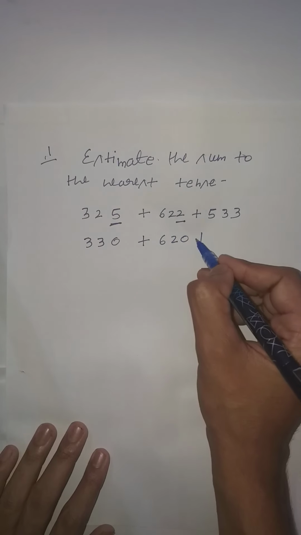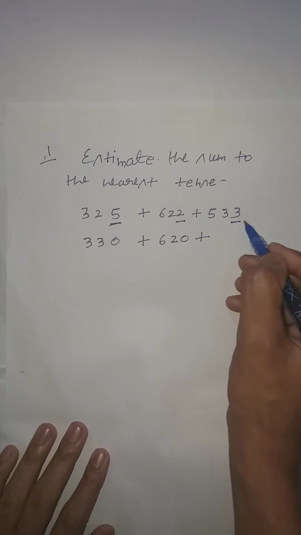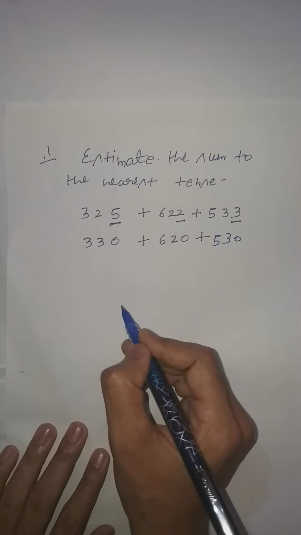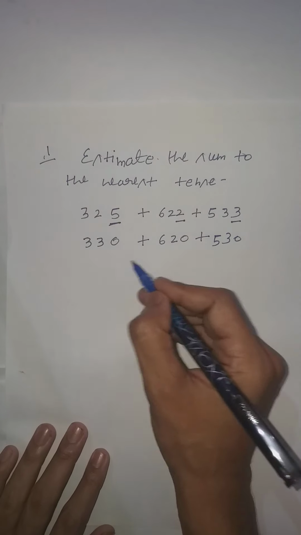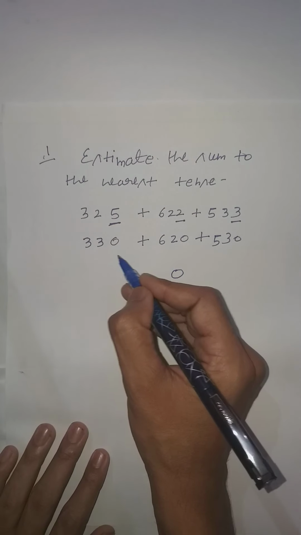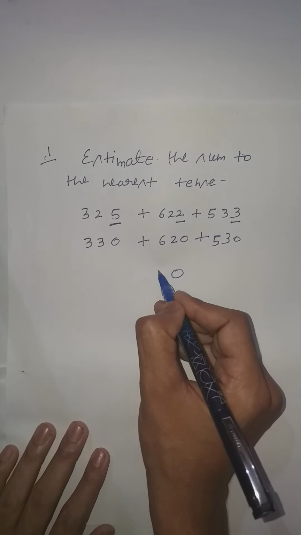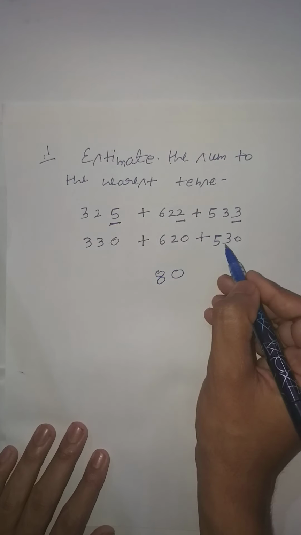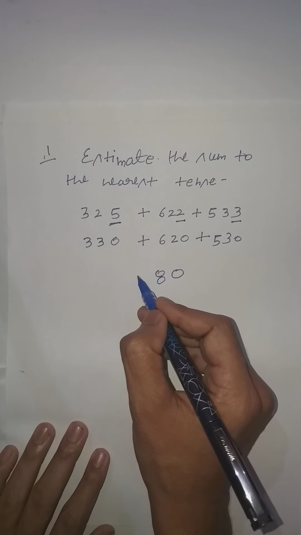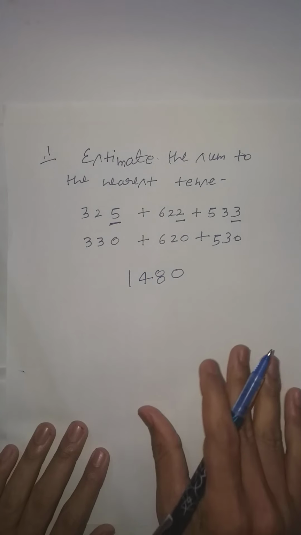Now in the third number 3 is also less than 5 and this is the ones place. So this will become 530. Now you will add. 0 plus 0 plus 0 is 0. 3 plus 2 is 5, 5 plus 3 is 8, and 5 plus 6 is 11, 11 plus 3 is 14. Now this is your round off to the nearest tens.